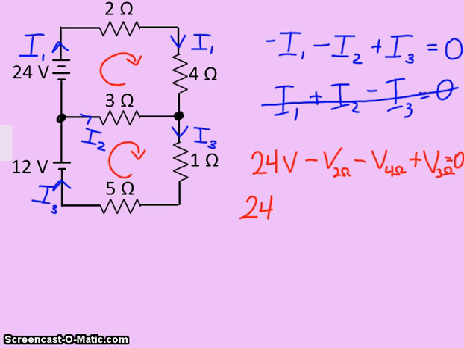V equals IR for this 2 ohm resistor. The I that travels through that is I1, and R is 2 ohms, so minus 2I1. For the 4 ohm resistor, it's minus 4I1. For the 3 ohm resistor, it is plus 3I2, because I2 is now the current that travels through that 3 ohm resistor.